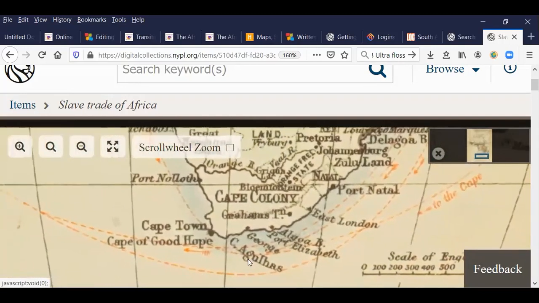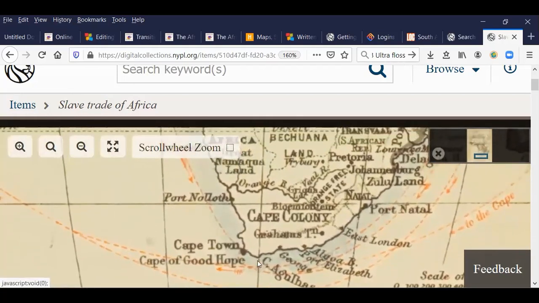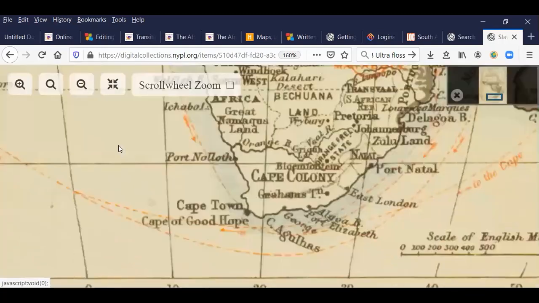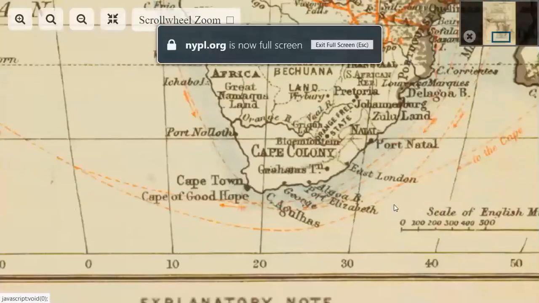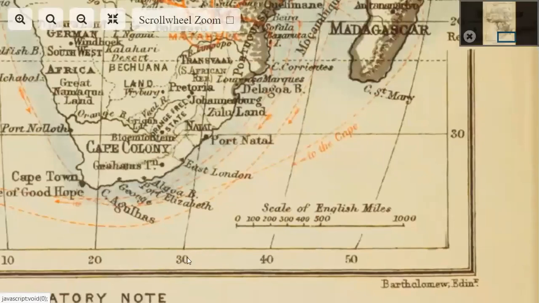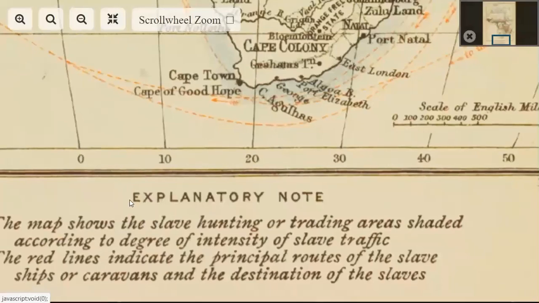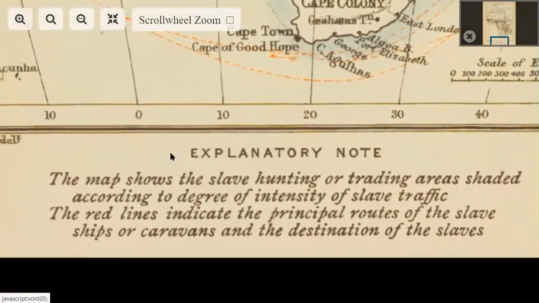But there are lots of reasons why they're misrepresentations, and that's the study of African history. So look at them in detail, learn how to attribute them correctly and cite them correctly, and talk about what they represent and what they don't represent.